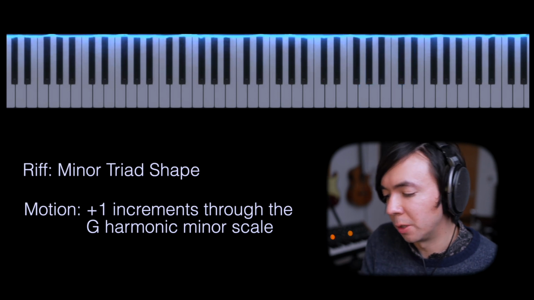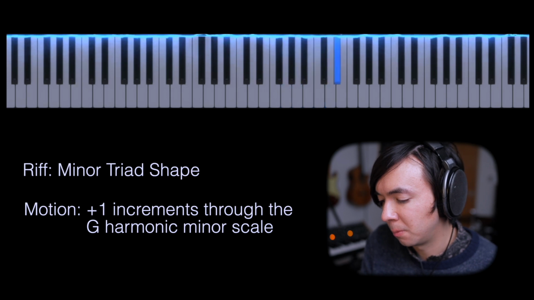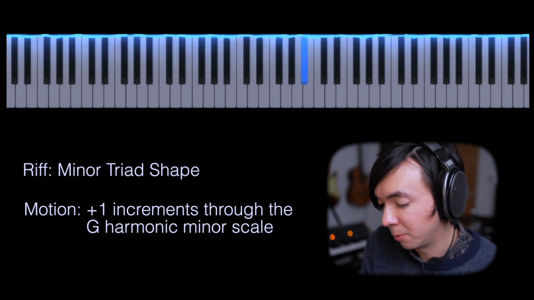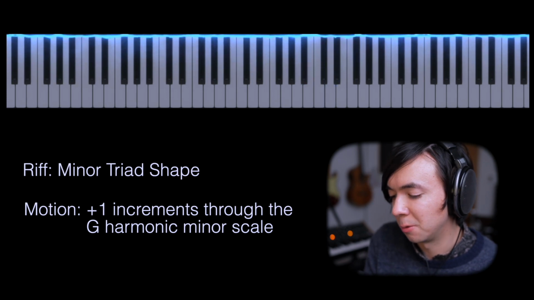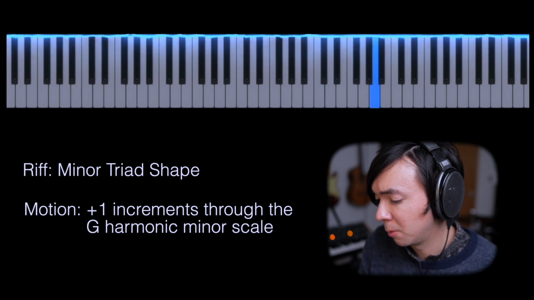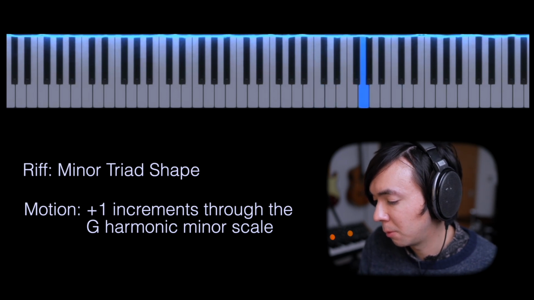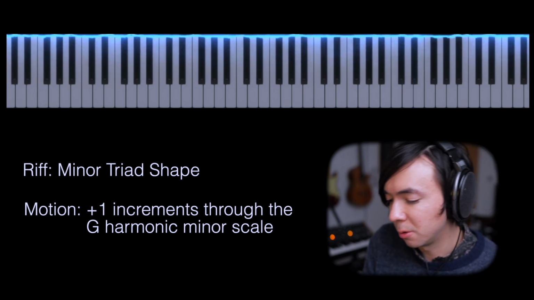So that's got some really interesting motions and moments in there. That's quite interesting. You get a sharp 5 sound. Yeah, all kinds of good stuff going on in there. Of course, you could play it as chords.